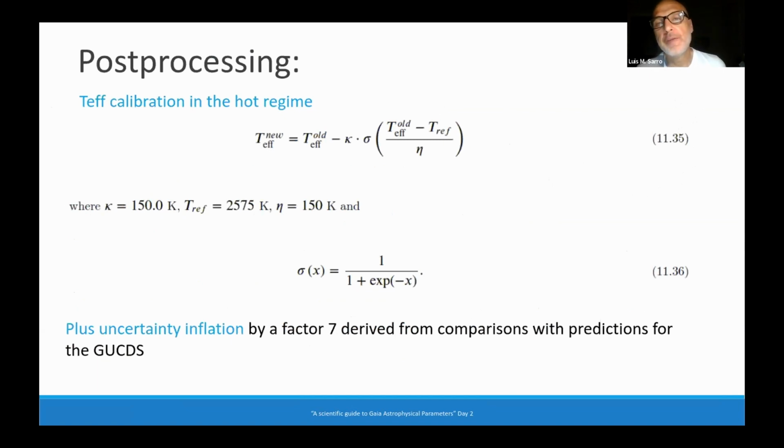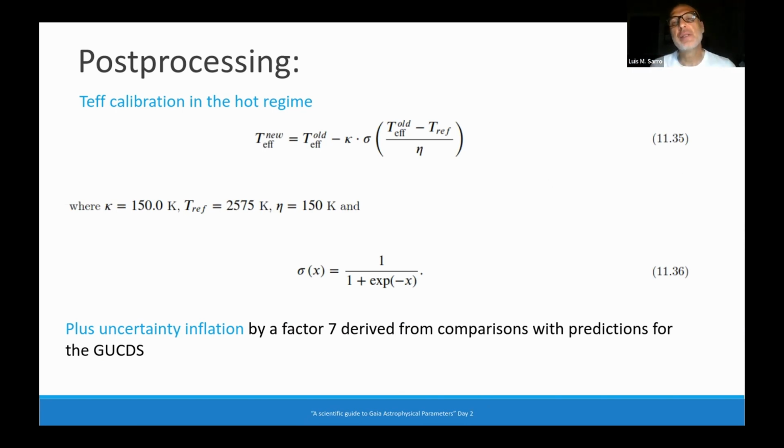Now, after processing the sources selected with these criteria, we carried out a post-processing. During the preparation of data release 3, we worked with two regression modules, two modules that produce effective temperatures from the RP spectra.